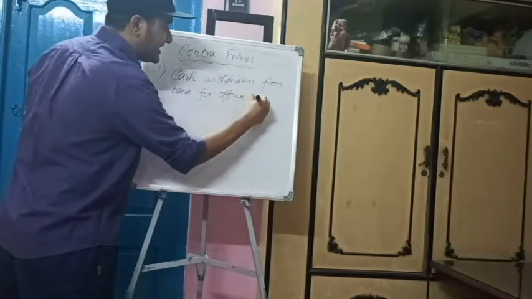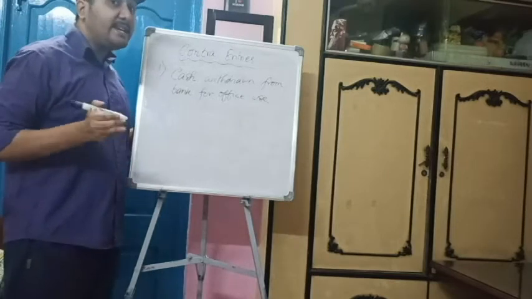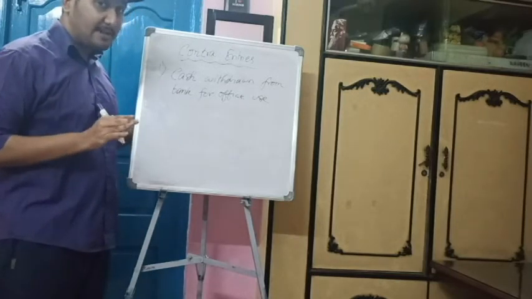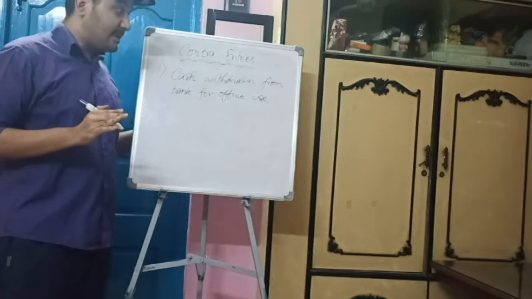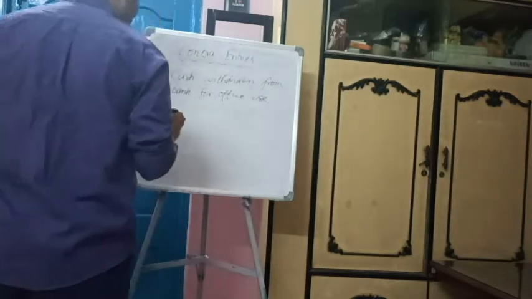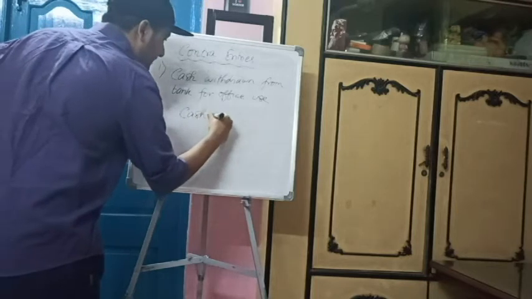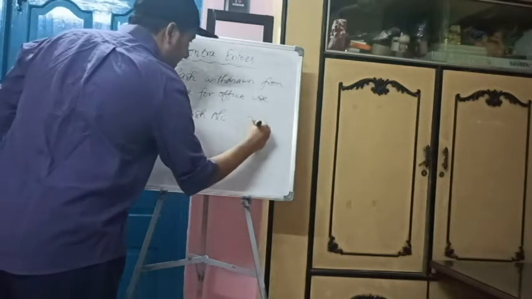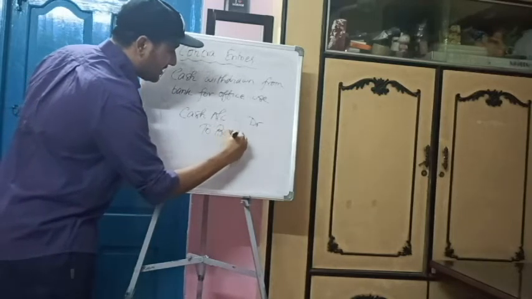That means for office use, cash is being withdrawn from the bank. If it had been cash withdrawn for personal purpose, then it would have become drawings account debit. But here, for office use, cash is coming into the business. So cash account debit to bank account. So these are the two contra entries related to the triple column cash book.